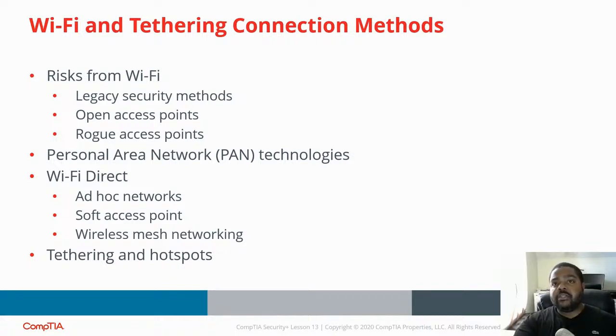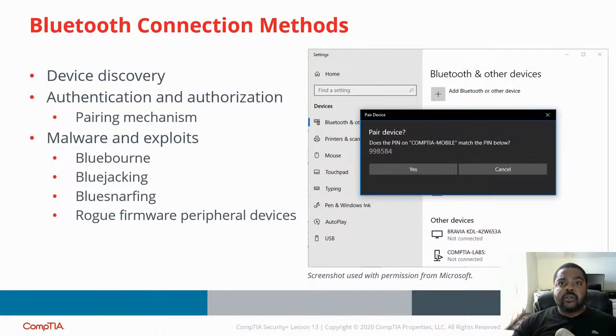They just want to connect because they have a certain job that they need to do in a certain amount of time, and maybe connecting to the local Starbucks is the closest and fastest thing that they can do. So we want to make sure that we take all those things into consideration when we have users that are on the go. So another way we could connect is through Bluetooth. And while Bluetooth will not give you the Wi-Fi connection type of network, it can send information from one device to the next, right?